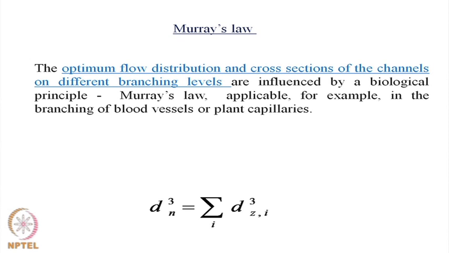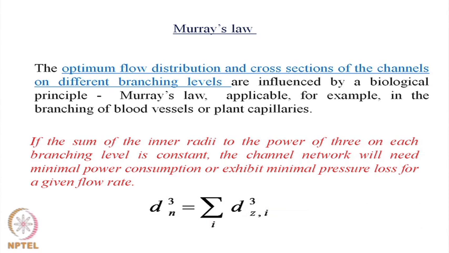Here we come across a very interesting law which is known as Murray's law. It simply tells us that the optimum flow distribution and the cross sections of the channels on different branching levels are influenced by a biological principle known as Murray's law. It is applicable in the branching of blood vessels or plant capillaries.